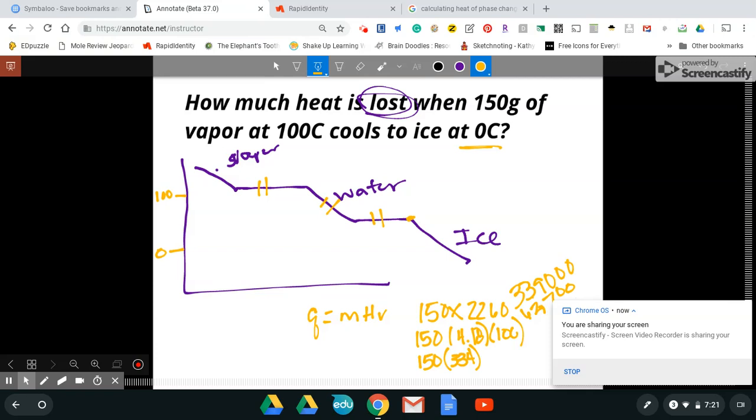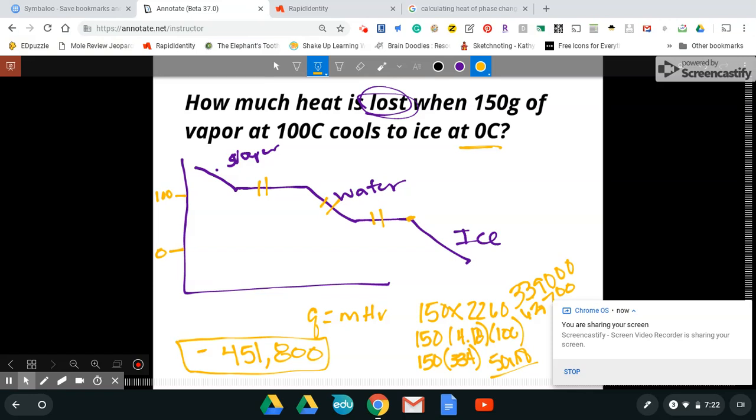And then 150 times 334 gives me 50,100. And now remember, I got to add it all together. So 50,100 plus 62,700 plus 339,000. This is going to give me a total heat loss of 451,800. Now remember, this is negative, okay? Because I am losing that energy to the system and it's warming up the system. All right, so that's what you're doing.